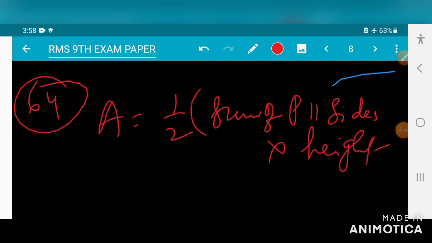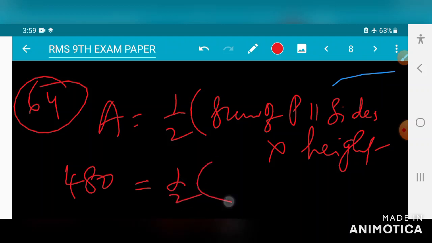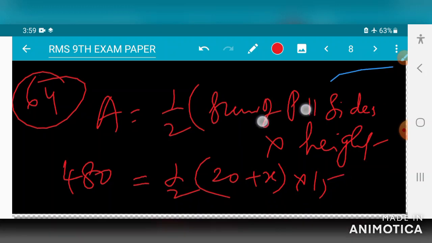This is the formula for the area of a trapezium. Put the values given in the question. The trapezium area is given to us, 480. Half of the sum of parallel sides. One side is given to us, 20, another let us call x. Into height, given to us 15. Very easy.